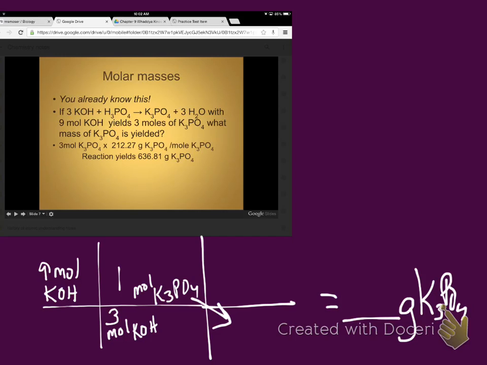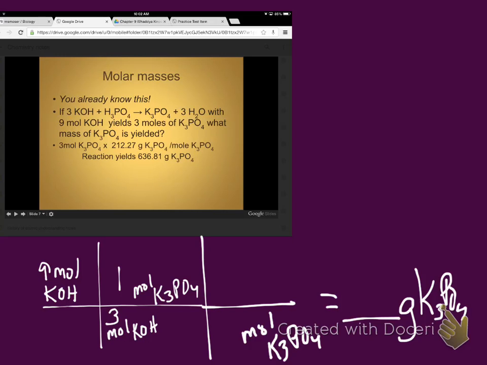So what units and what chemical are we going to have down and below? Because the units and chemical always have to cancel. They have to cancel. So we're going to have moles of potassium phosphate.